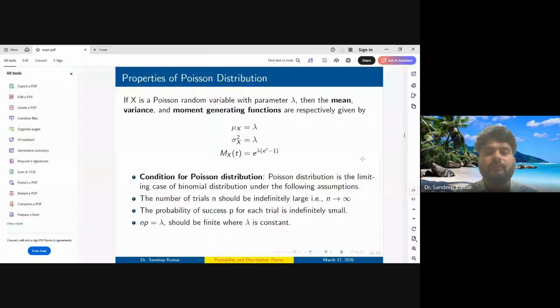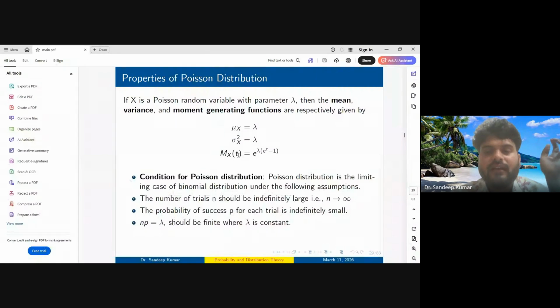Properties of the Poisson distribution. If x is a Poisson random variable with parameter lambda, the mean is lambda. The beauty of the Poisson distribution is that the mean and variance are equal.